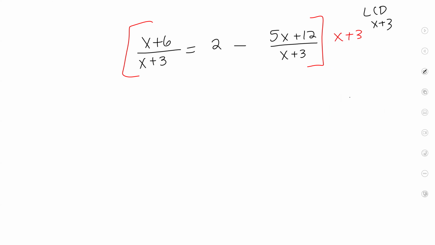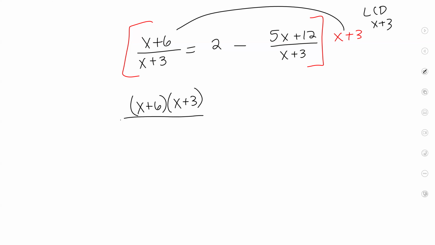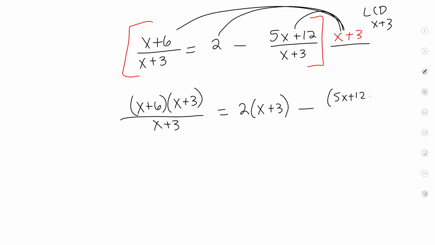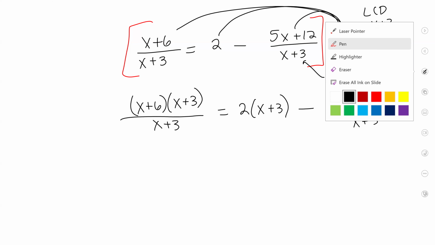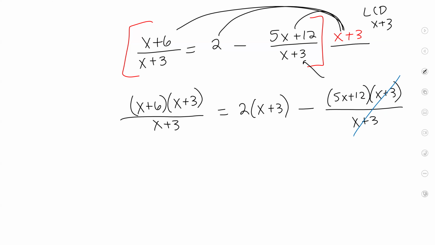So when I distribute this in, I'll have x plus 6 times x plus 3. Your denominator will not change. Equals x plus 3 times 2 is just 2 times x plus 3 minus these two. So that's 5x plus 12 times x plus 3. And your denominator stays the same. So guys, look what cancels. Those are gone, and those are gone.